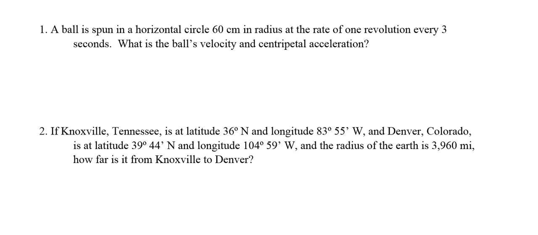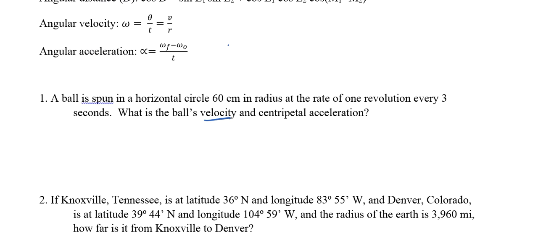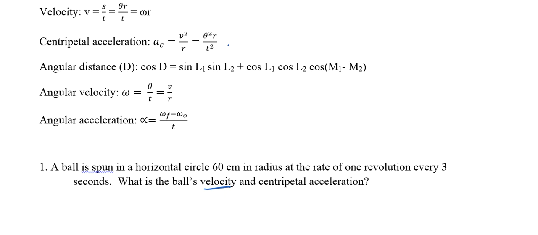A ball is spun in a horizontal circle 60 centimeters in radius at the rate of 1 revolution every 3 seconds. What is the ball's velocity and centripetal acceleration? So if I go ahead and focus on the velocity first, up above, remember we had 3 options.